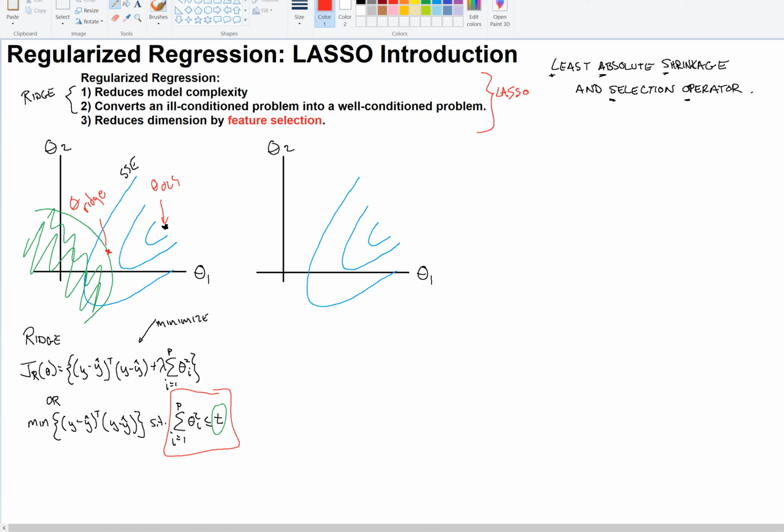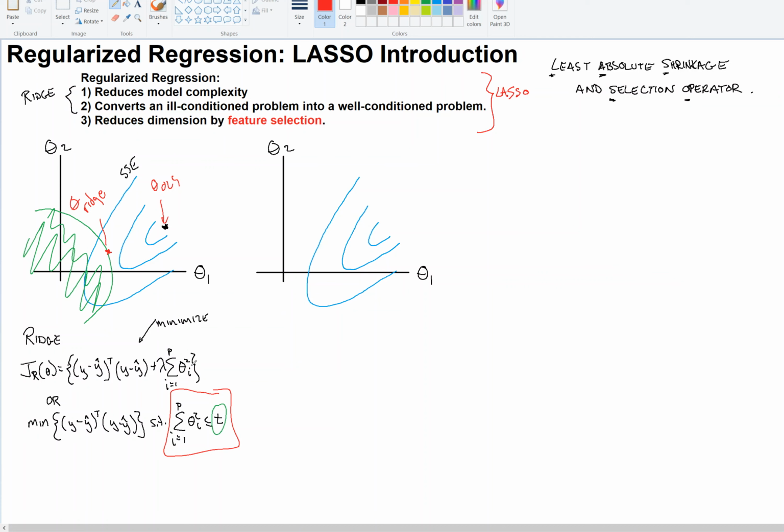Okay, now one thing we said was that we analyzed pretty closely what role lambda, or alternatively t, plays in this minimization problem. And particularly we saw that as lambda goes up, thetas shrink towards 0.